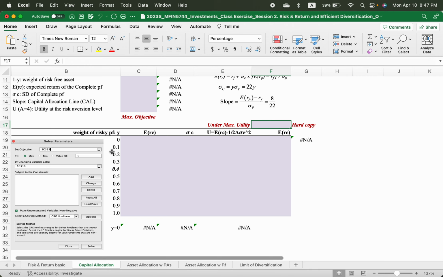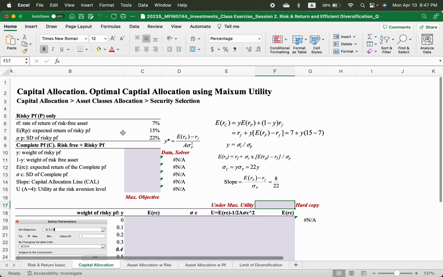Again, always in portfolio management, at the end of the day, we want to find the optimal level of the weight of the risk-free asset, or between two risky assets, or the security allocations.